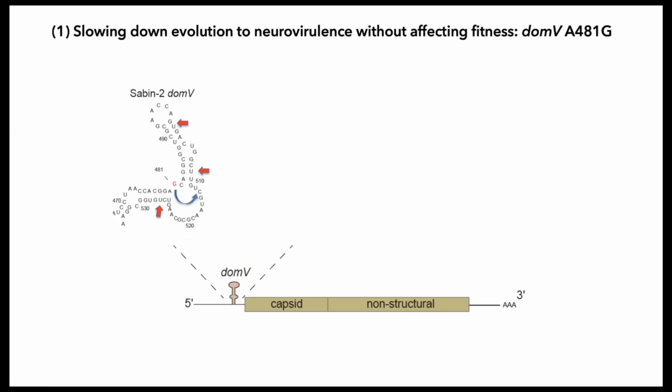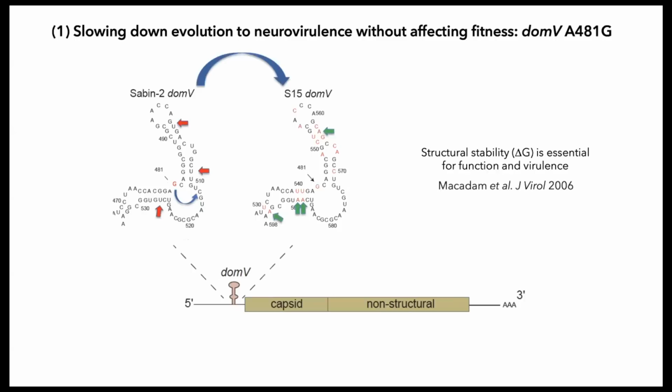So the idea really was pioneered by Andy McAdam in Phil Minor's lab, and also Jeff Almond, to work with the structure to maintain the delta G, the structural stability of this RNA structure, similar to the Sabin, preventing single point mutations from increasing the stability of the structure.